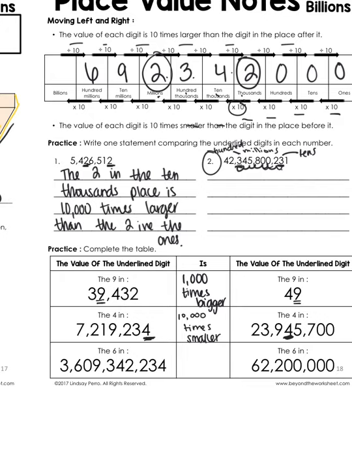And then the 6 in 3,609,342,234 is only 10 times. That 6 is in the 100 millions place, right?